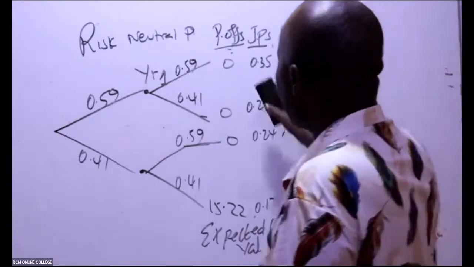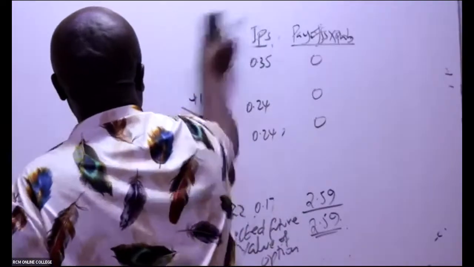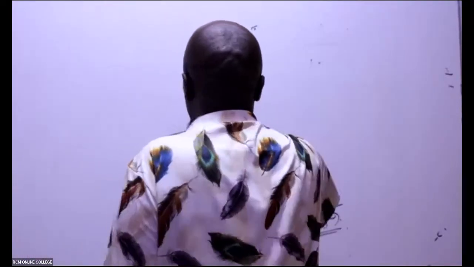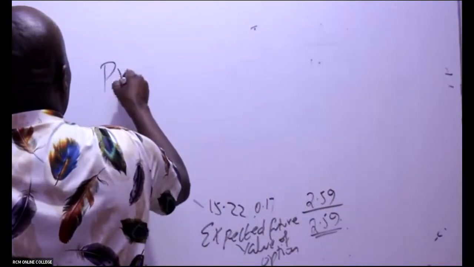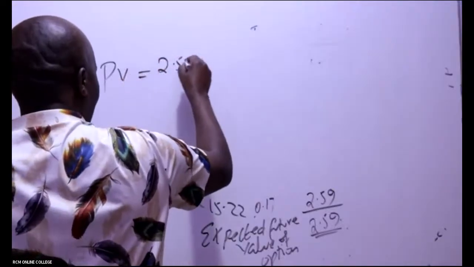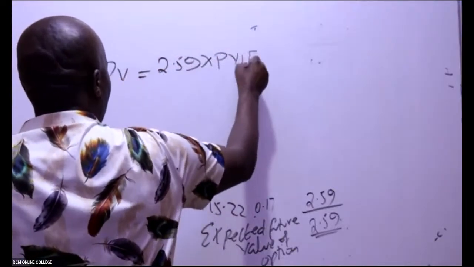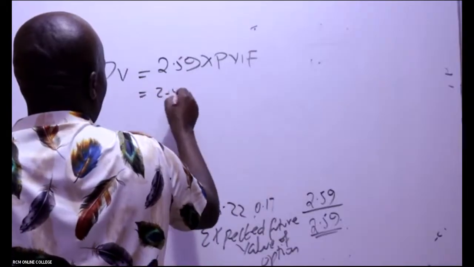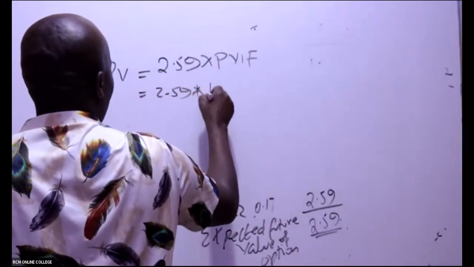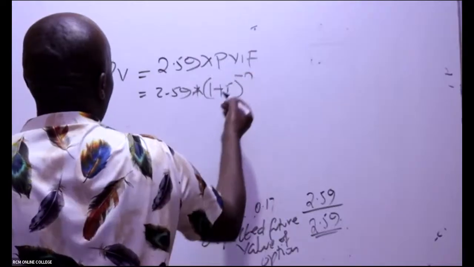To get the present value, take this 2.59 times the PVIF. You are the ladies and gentlemen who gave me the PVIF formula as 1 plus r raised to negative n.